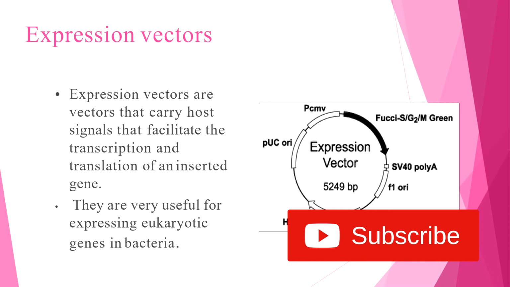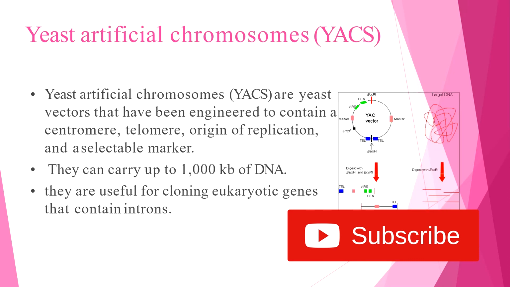These are very useful for expressing eukaryotic genes in bacteria. Okay, so that is the expression vector. We will discuss it in detail later. Another expression vector is the yeast artificial chromosome.